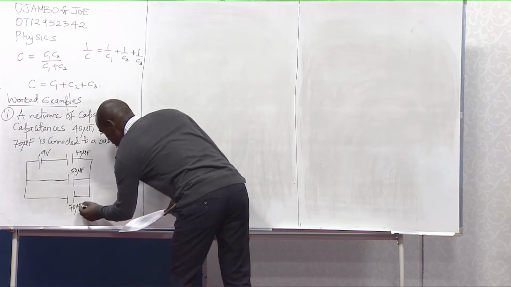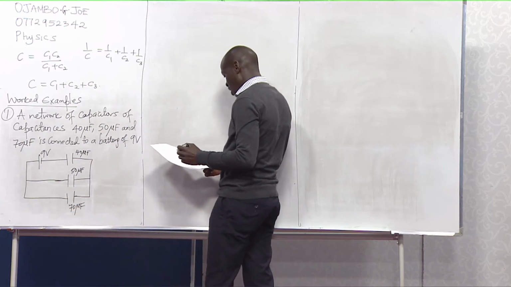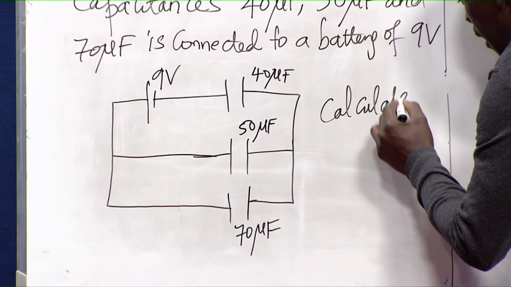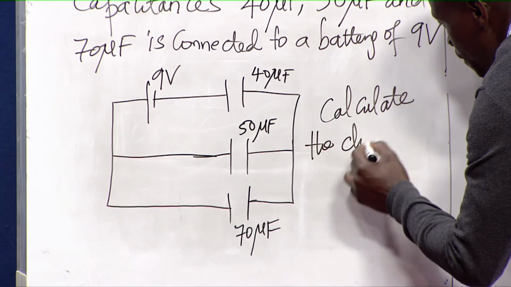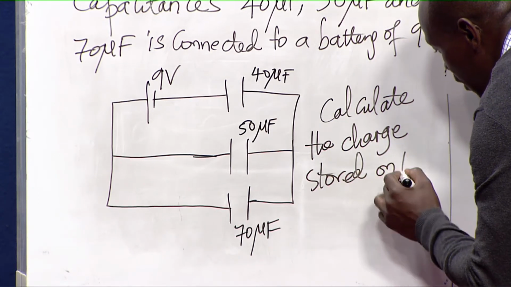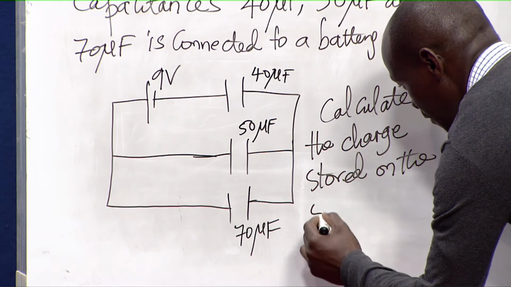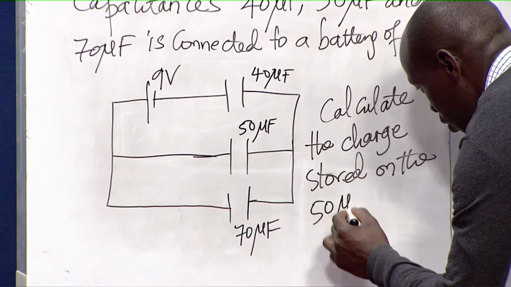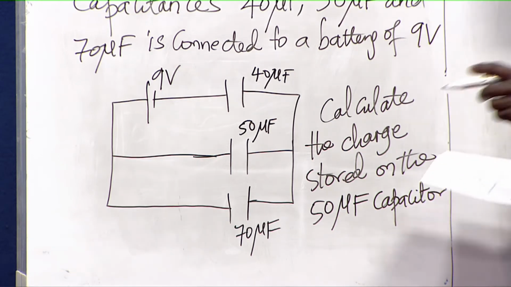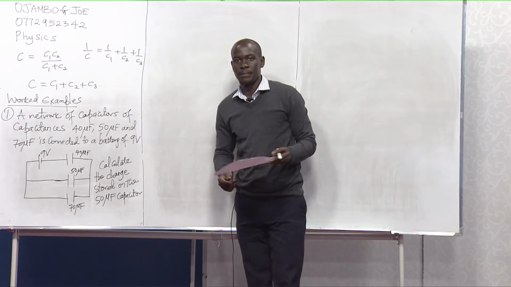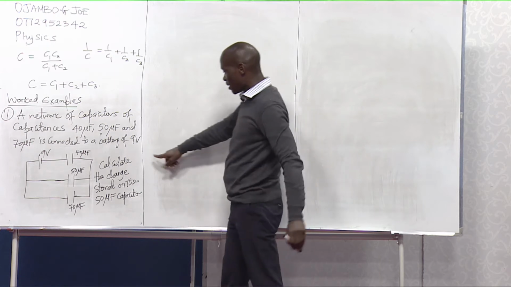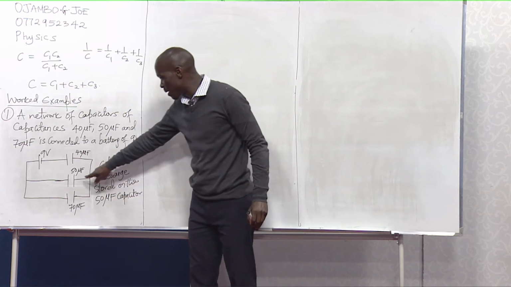And the question here is, calculate the charge stored on the 50 microfarad capacitor. That's the first example we have. So the question wants the charge stored on the 50 microfarad capacitor, which is here.